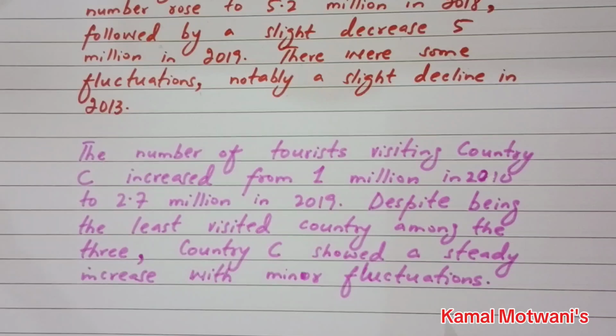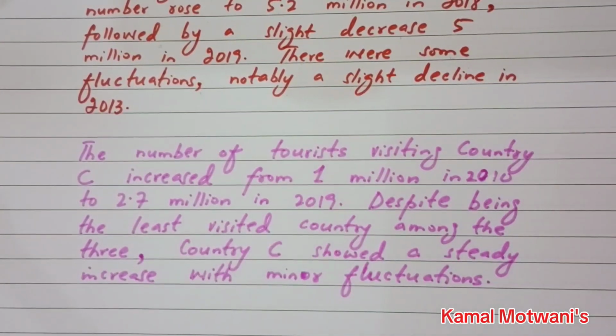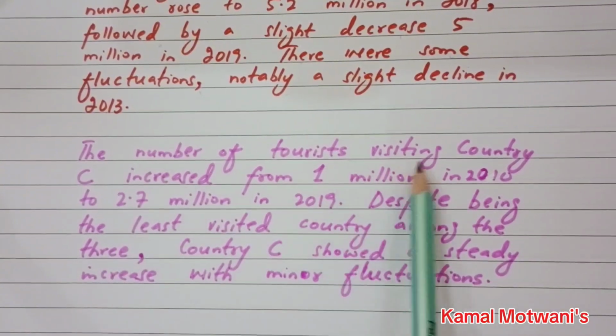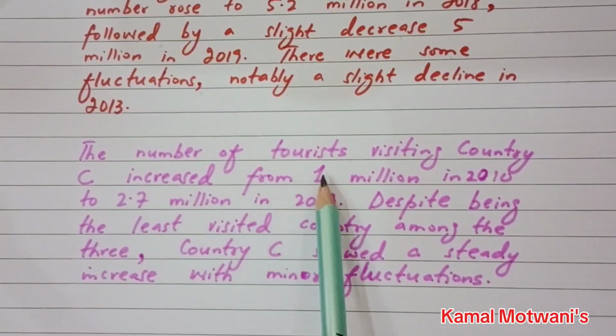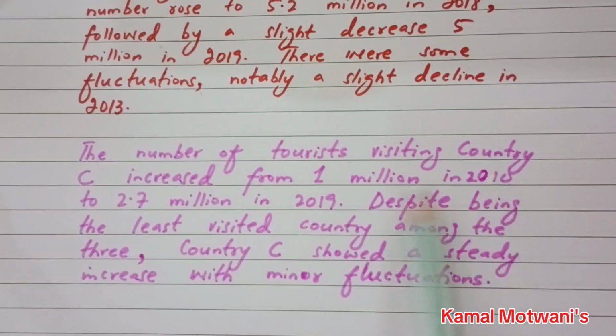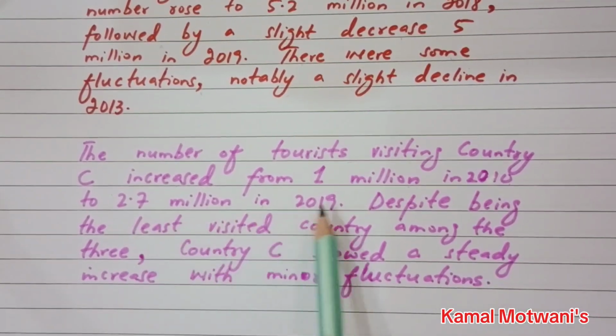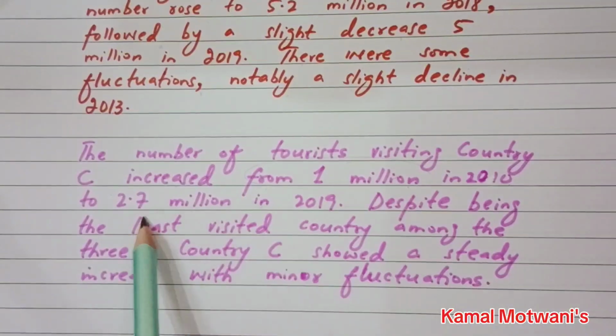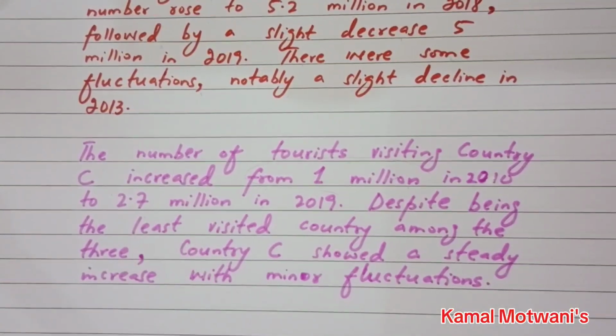Okay, so the last paragraph, which is dedicated to the third variable, that is regarding country C. The number of tourists visiting country C increased from 1 million in 2010 to 2.7 million in 2019. Means where it started from and what was its peak, the same technique.